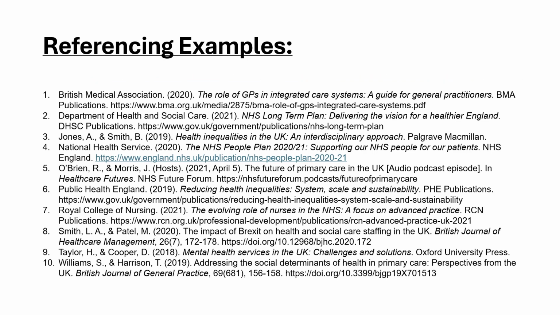Okay, referencing example. You can use, as we said, journals, articles, books, and texts. You need to put the journal names and the title, for example, The Role of GPs in Integrated Care Systems, or a guide, or a publication and its website. You can put the link for the website as well.